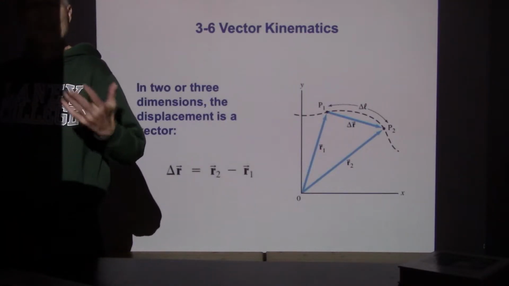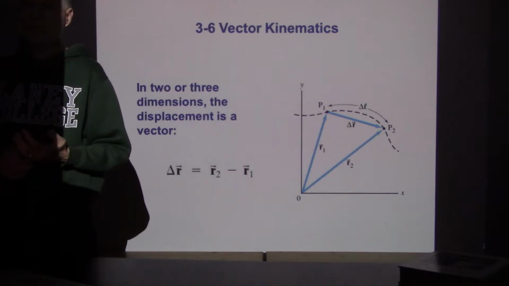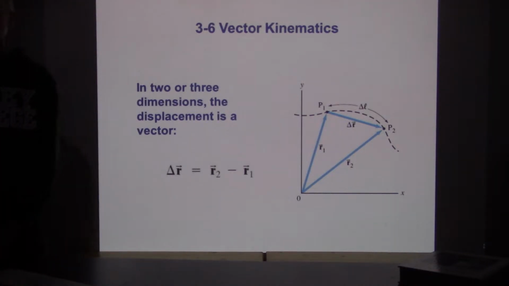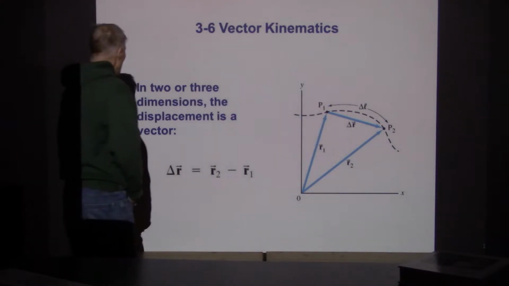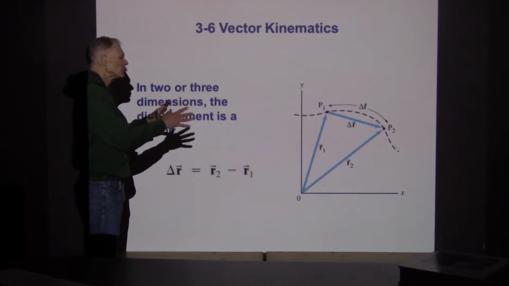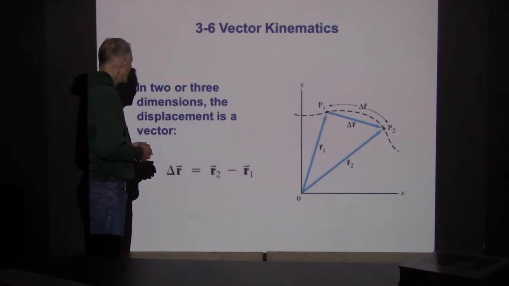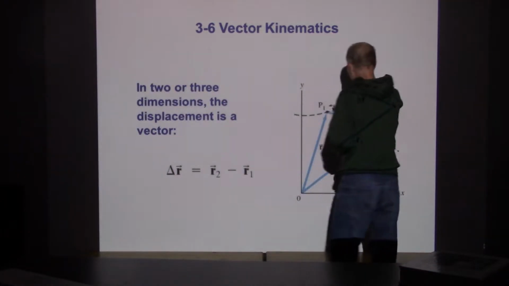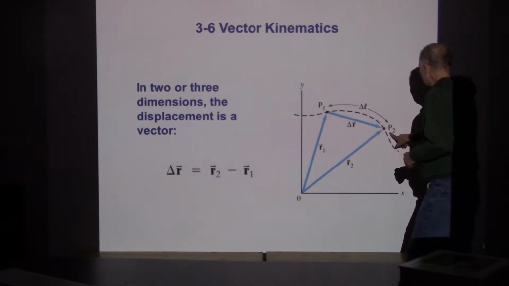Now we're going to be taking these vectors and looking at more detailed kinematics. So remember, the intention of the chapter is to be able to work in three dimensions. So this is a very general idea of how we get, three-dimensionally, from point 1 to point 2.